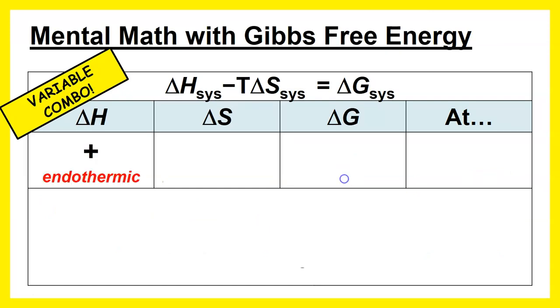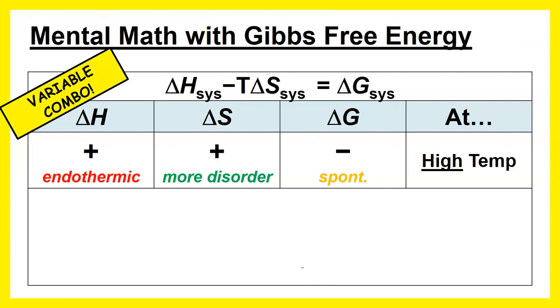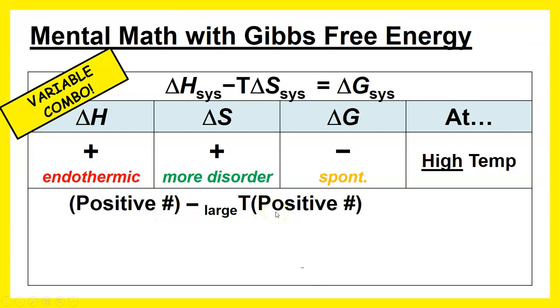So for example, if you have an endothermic reaction, but your entropy is increasing, there is a way for that to end up spontaneous, but only if you're at a high enough temperature. So let's kind of break that down. If we're endothermic, we're going to have a positive for our enthalpy, and we are subtracting a positive number.